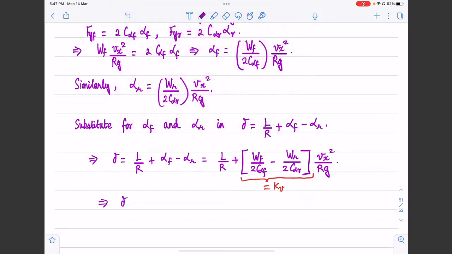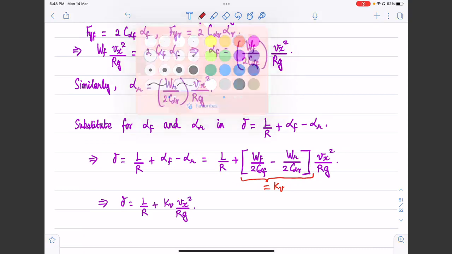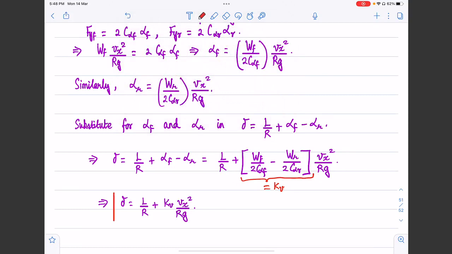And this is a very popular expression, wherein delta is equal to L by R plus Kv times Vx squared divided by Rg. This is a very popular expression using the steady state model.